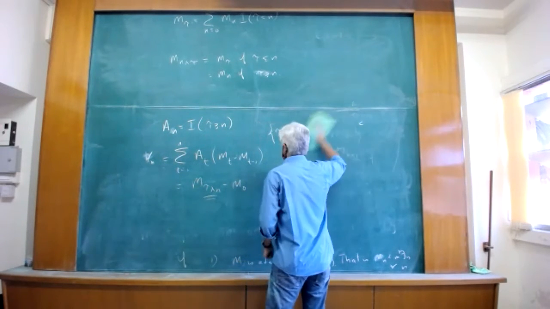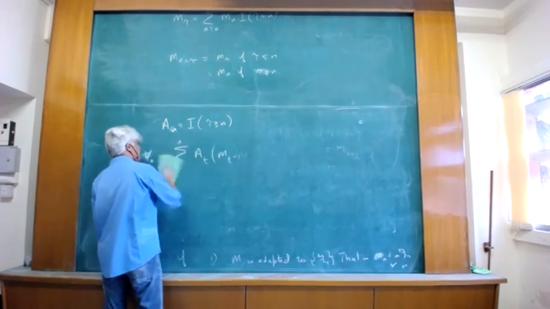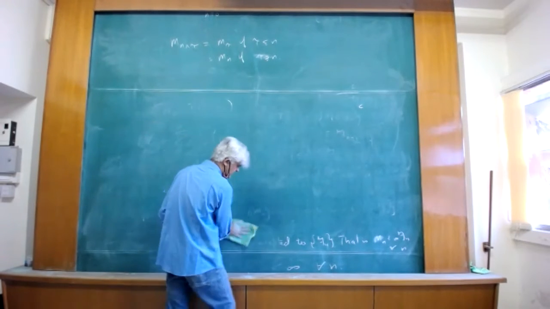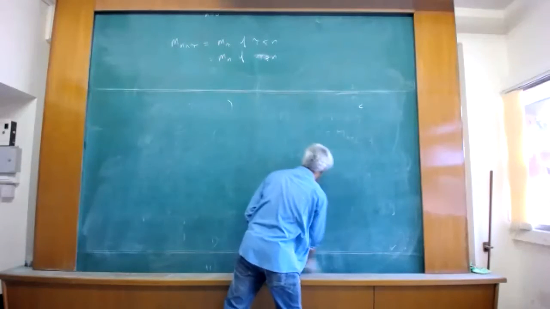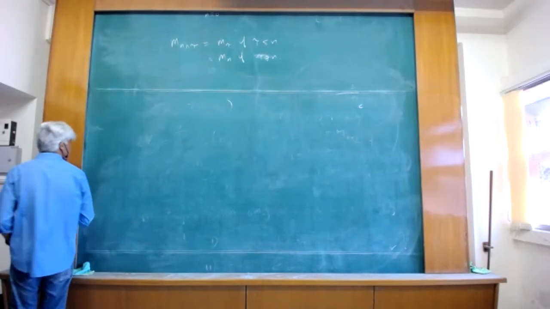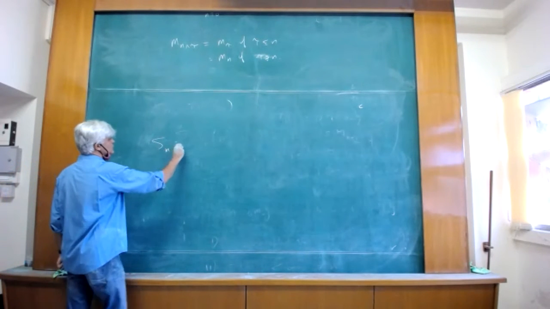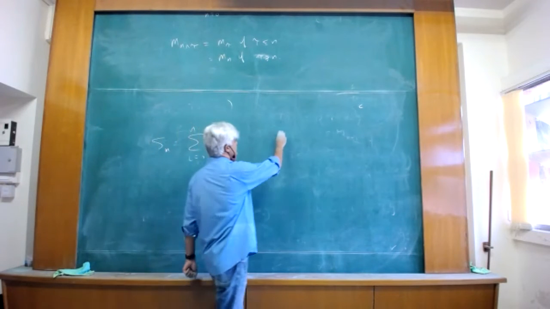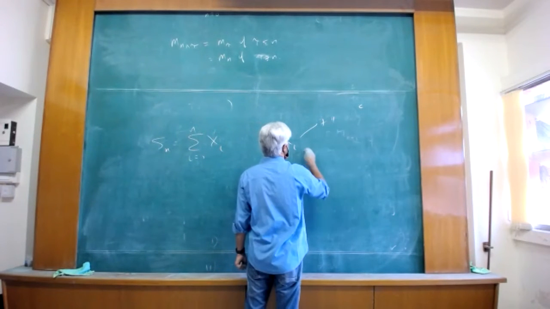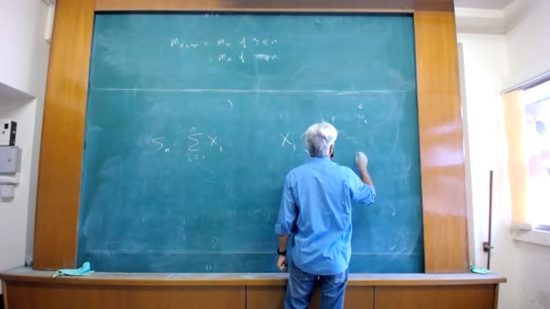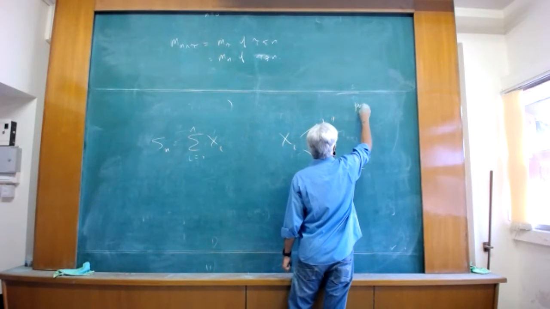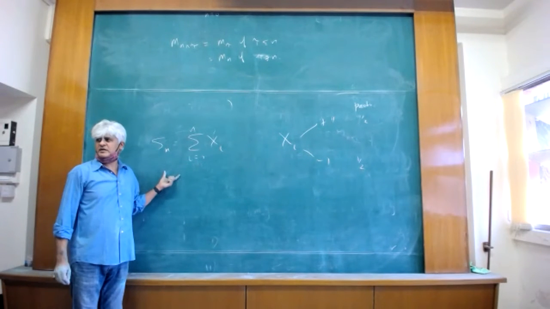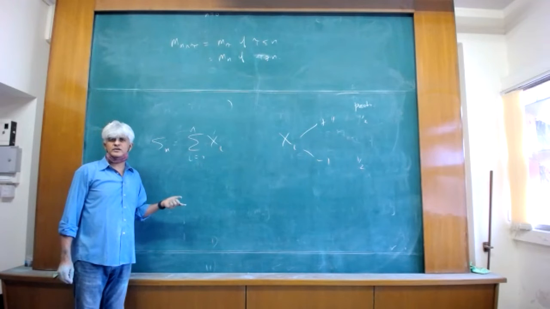All right, let's do something fun. Suppose I give you a random walk. You already know the answer to this thing, now we should do it rigorously. Sn equals the summation of Xi, i equal to 1 to n, where Xi is plus 1 or minus 1 with probability half each. This is what's called a simple symmetric random walk. Simple because it's plus 1 or minus 1, symmetric because its mean is 0.